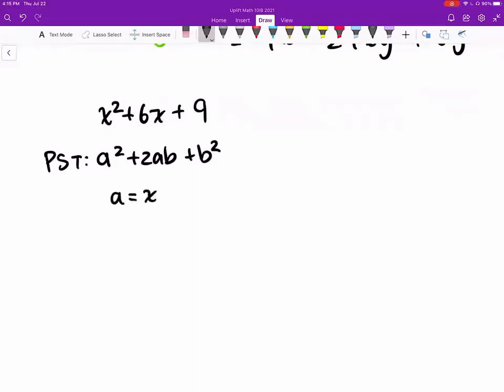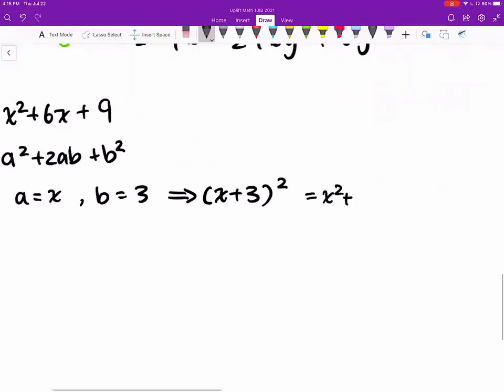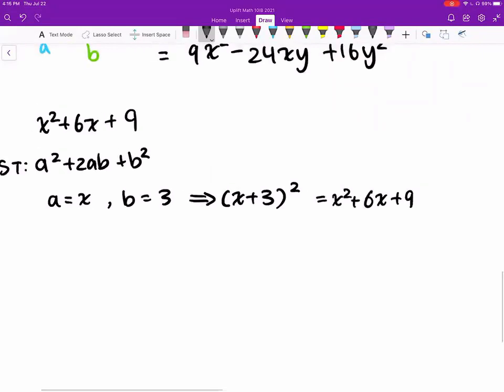Then b squared is equal to 9, so b will be 3. So we have x plus 3 squared. Then we have to double check that it is the correct answer. We check the middle term, which is 2ab, so 6x. And it does match. So this is the factored form of that trinomial.